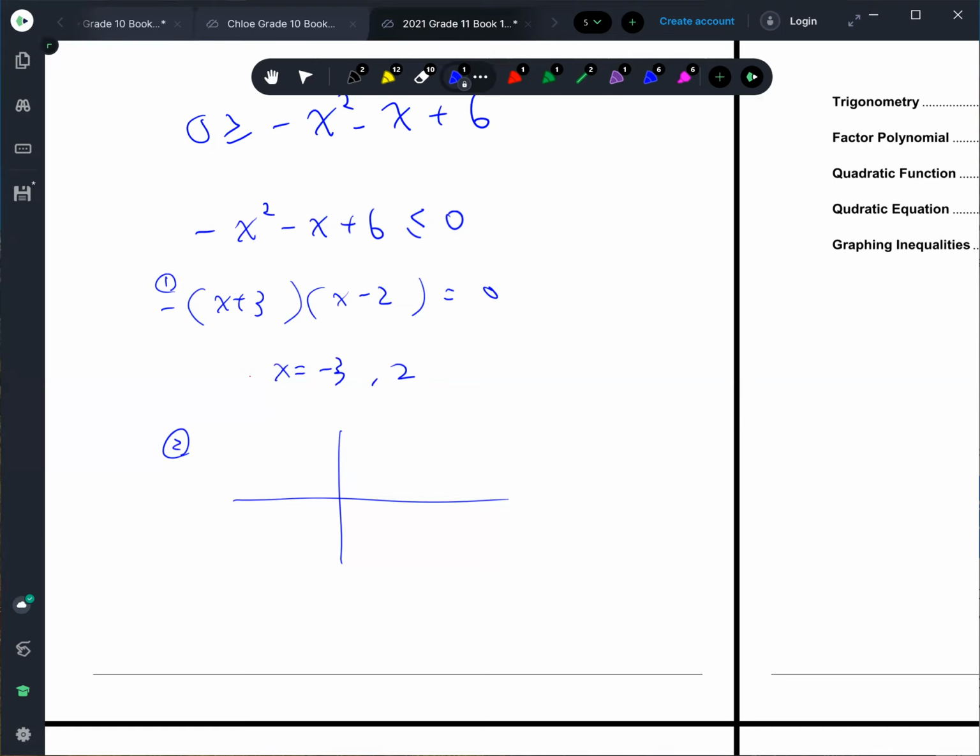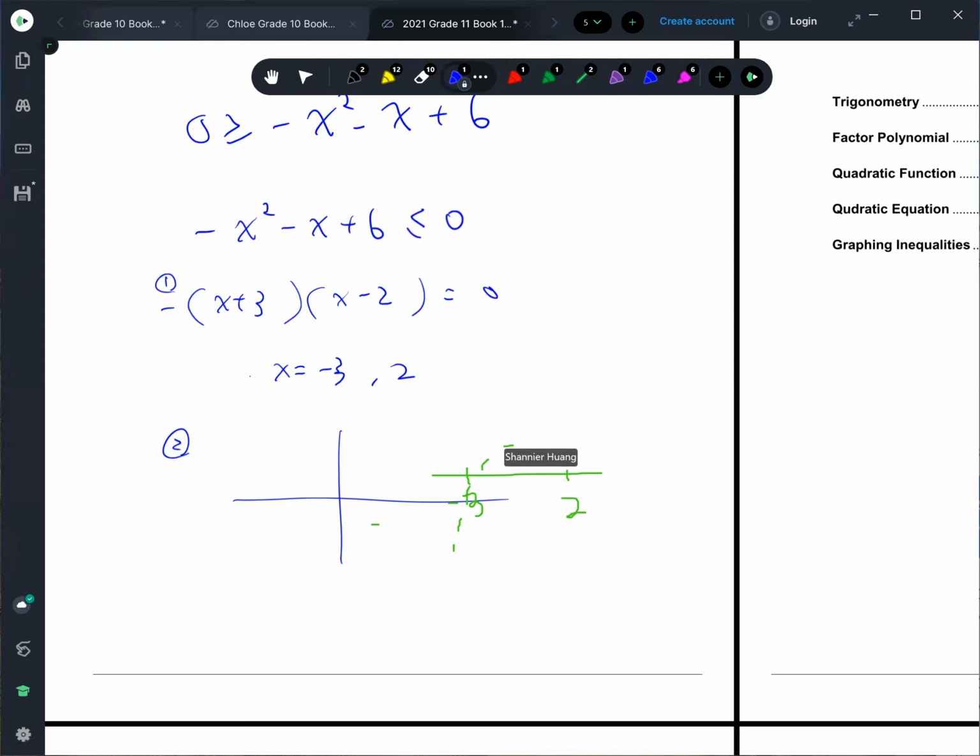Wait, can I draw a number line? Because I like drawing on a number line better. Go ahead. So negative 3 and 2. And then the parabola is going down. So it's like this.